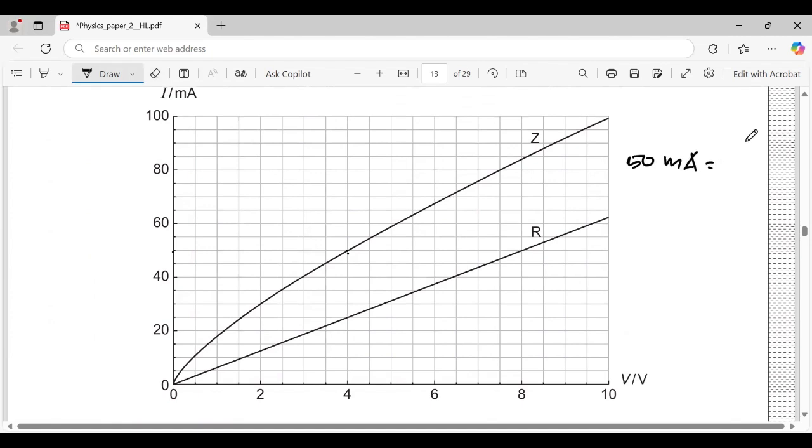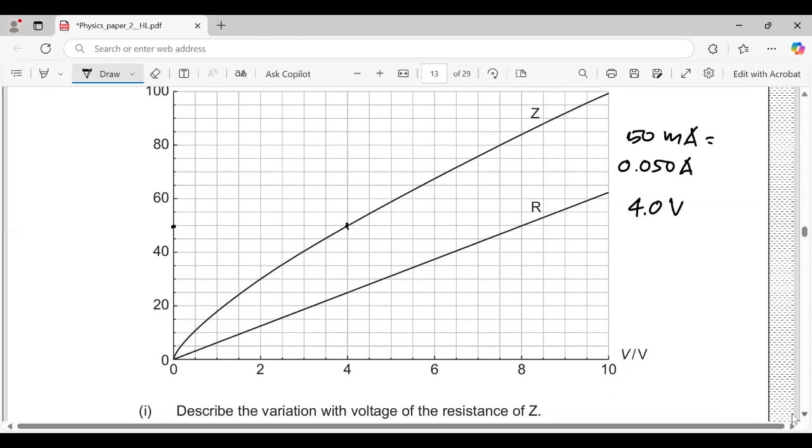milliamps. If we convert to amps, it becomes 0.050 amps. And the potential difference is 4.0 volts. So this is the current and this is the potential difference or voltage.